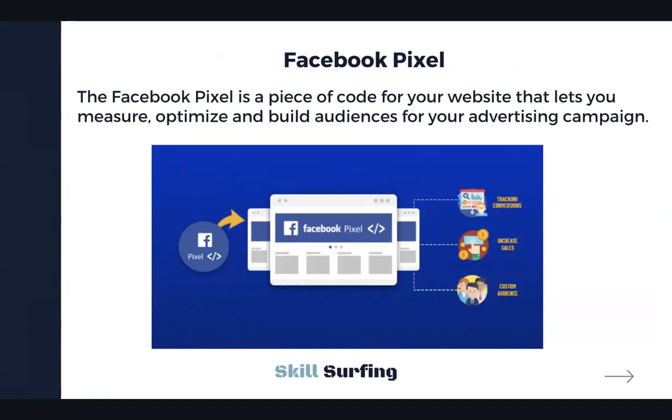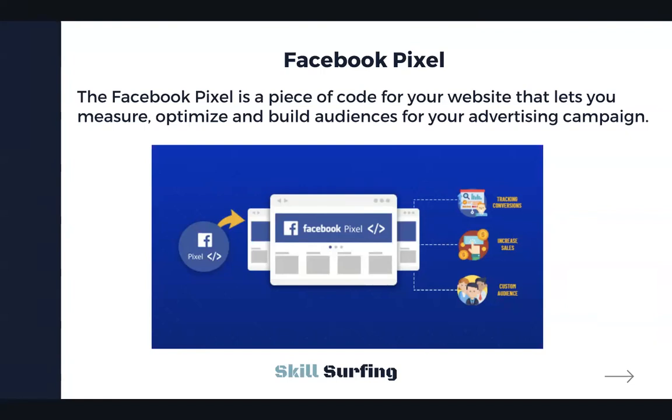It's a little piece of code that lets your website communicate with Facebook, and will be able to tell you if these ads are increasing sales, if you can track conversions, if this ad resulted in a sale on your website. And you can use it also to target custom audiences who have visited your website and, for example, did not complete the purchase. You can retarget to them as well.